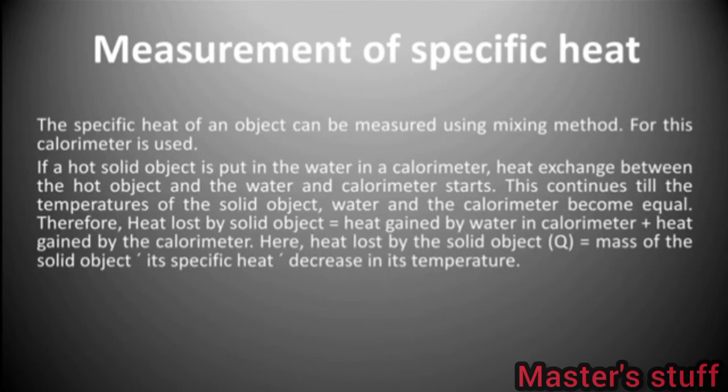Therefore, heat lost by the solid object is equal to heat gained by the water plus heat gained by the calorimeter. Here, heat lost by the solid object Q equals the mass of the solid object times its specific heat times the decrease in its temperature.